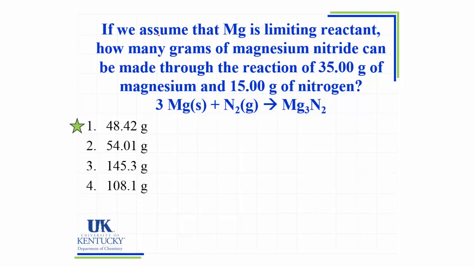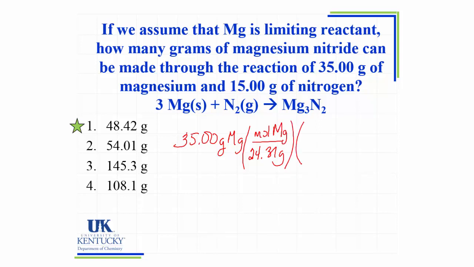So we're assuming magnesium is limiting, so we're going to start with the mass of magnesium given, which is 35.00 grams of magnesium. I'm going to use the molar mass of magnesium, which is 24.31 grams per mole. Then I use my mole-to-mole ratio from the balanced chemical equation, and what I see is that for every 3 moles of magnesium, I can produce 1 mole of magnesium nitride.